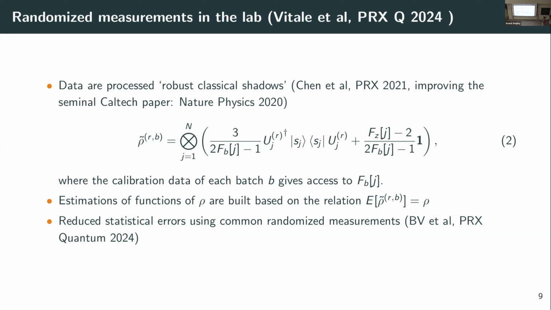It's an image of the quantum system, and you take many classical shadows to estimate functions of the density matrix. So you will never actually measure the density matrix, but you will use this statistical relation to build functions of the density matrix. And you can study statistical errors in doing this using random matrix theory.